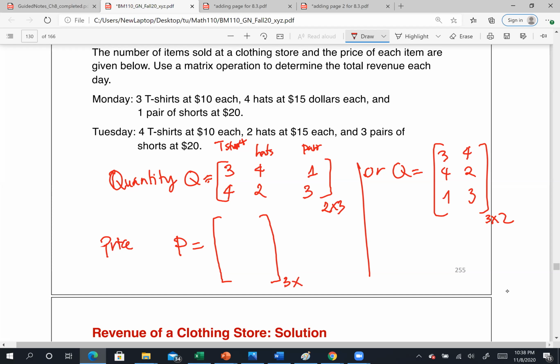So if I have 3 rows, then for Monday it's 10, 15, and 20, and then Tuesday is going to be 10, 15, and 20.